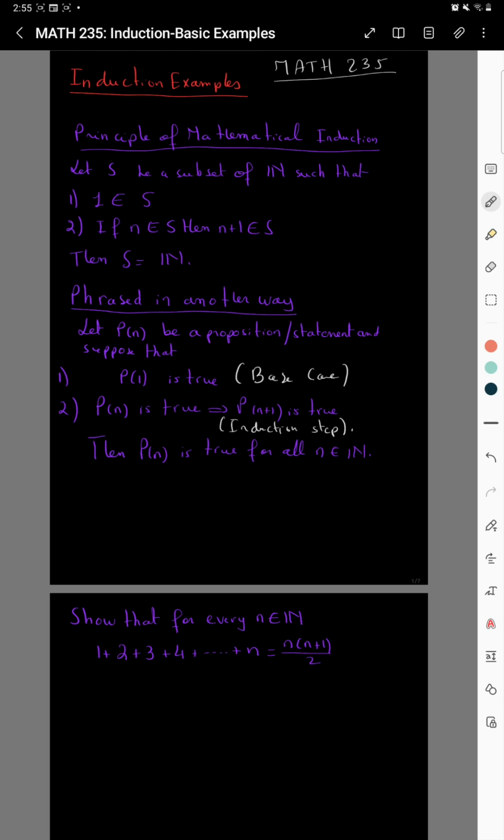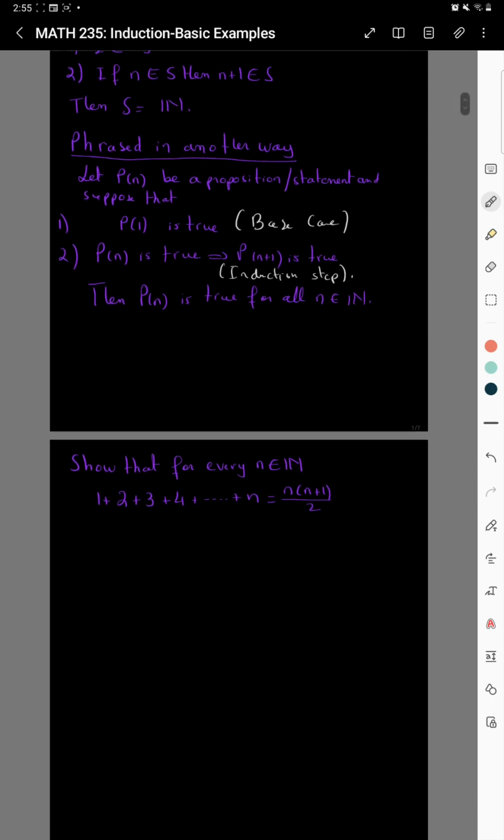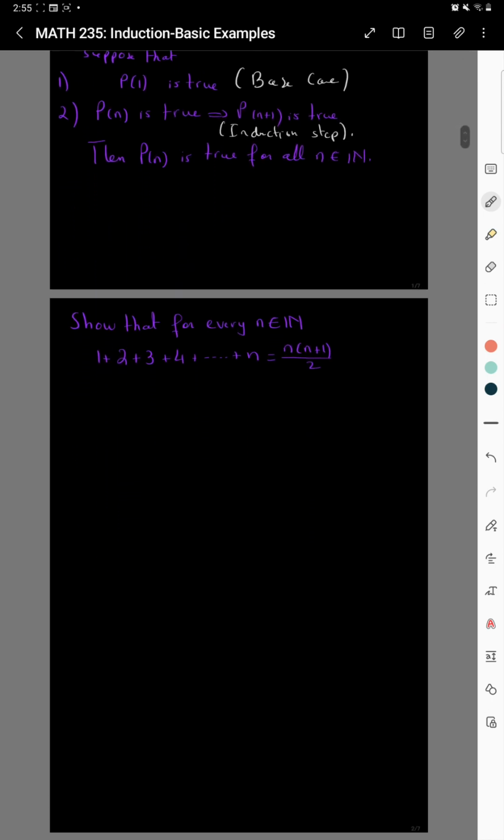Let us start with a small example. Show that for every n in N, the sum of the integers from 1 up to n is equal to n times (n plus 1) over 2. So first, the base case. Check that P(1) is true. Let's call this statement P(n).